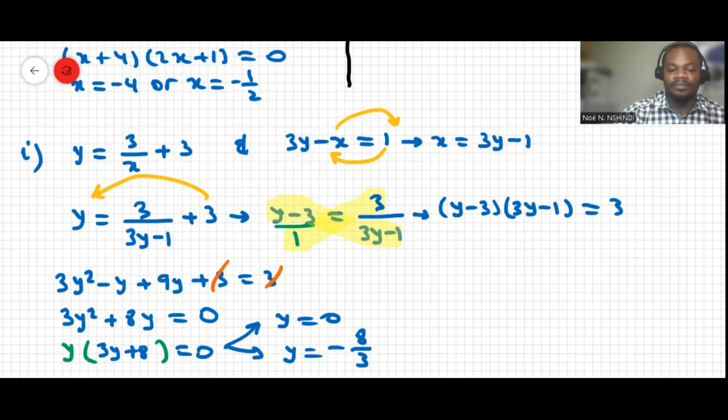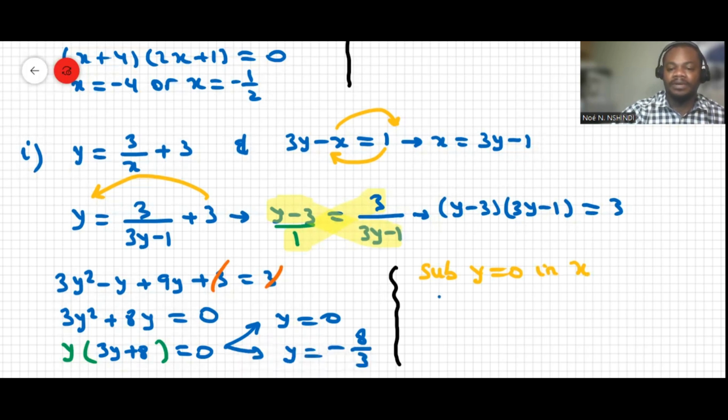So over here, I'll do this: sub y equals 0 in x, okay?